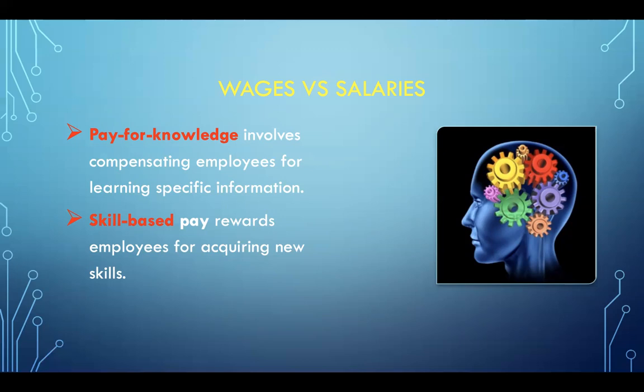So an entry level pharmacist coming right out of school versus a pharmacist with years of experience and contacts may warrant a larger wage. The other thing we have to think about is skill base. We may have pay rewards for employees for acquiring new skills.